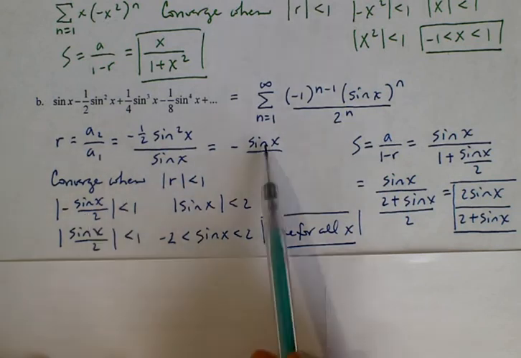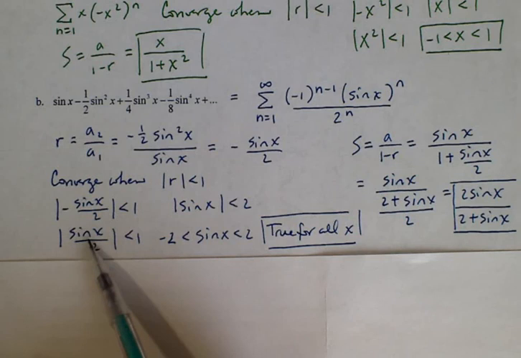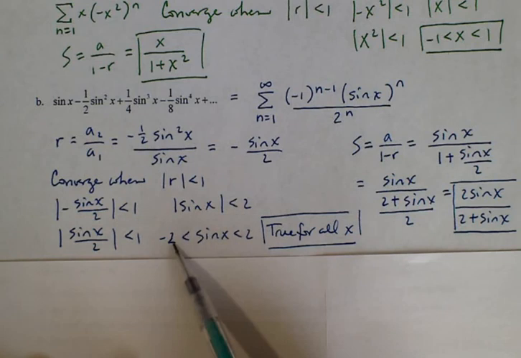Okay, so the absolute value of r is less than 1 when it converges. So I write in my ratio of a negative sine of x over 2, put that in absolute value and make it less than 1. So the absolute value of sine of x, divided by 2, is less than 1.